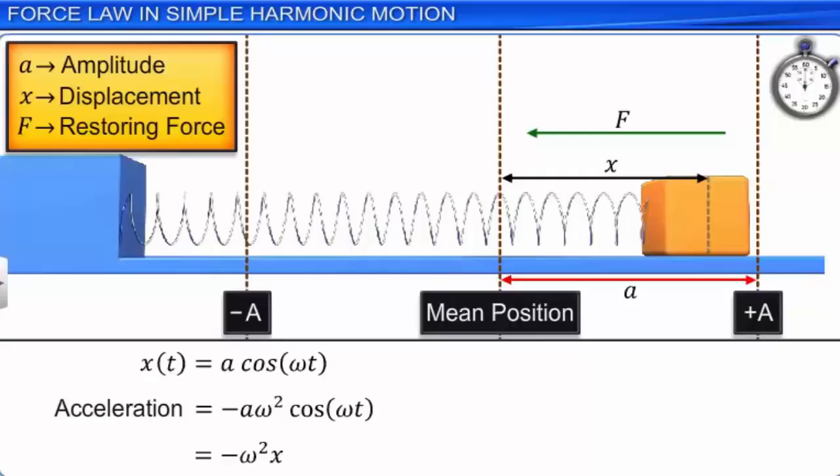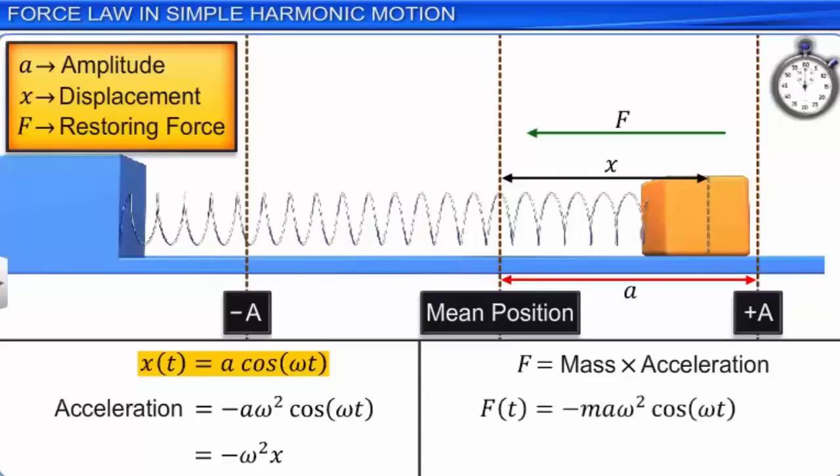Using the relation force F equal to mass into acceleration, we get the equation for the force on the body of mass m in simple harmonic motion, as F of t is equal to minus m a omega square cos omega t, which is equal to minus m omega square x. Let this be equation 1.